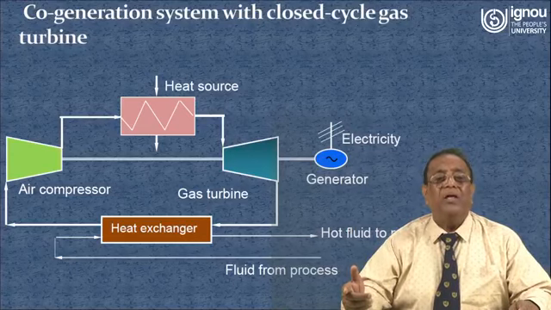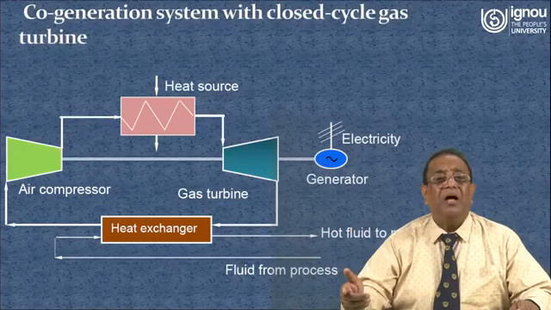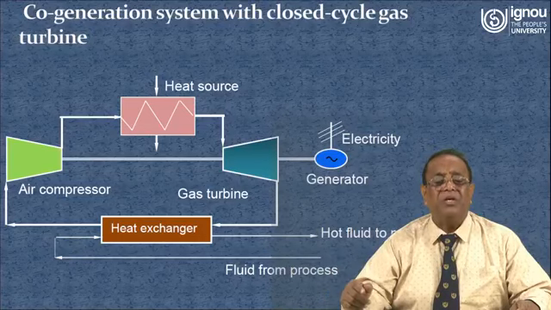So, we are utilizing the heat in the hot gases coming out from the gas turbine, and the hot fluid after taking heat from the hot gases is sent back to the process industries for their processes.